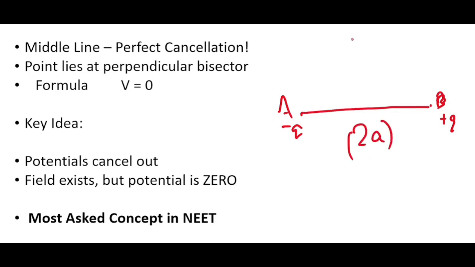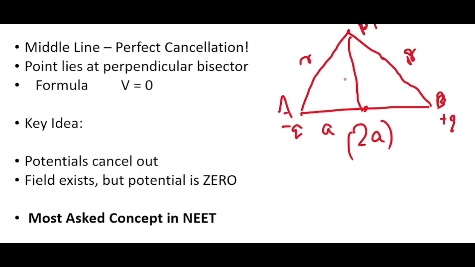And we find the potential at point P, at a distance of R from A, and similarly R from B. From here, drop a perpendicular to O. Then this is R, this is 2A, this is A. So R is the square root of X square plus A square. Similarly, this is also the square root of X square plus A square. This point is O. Okay, beta.